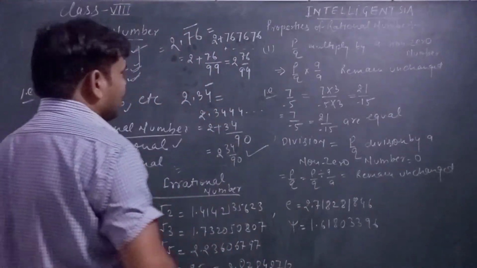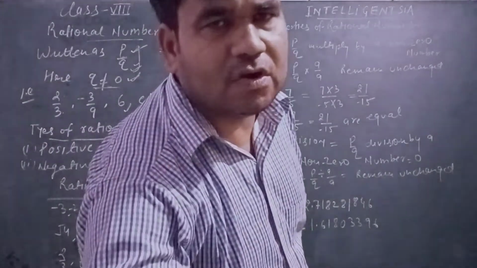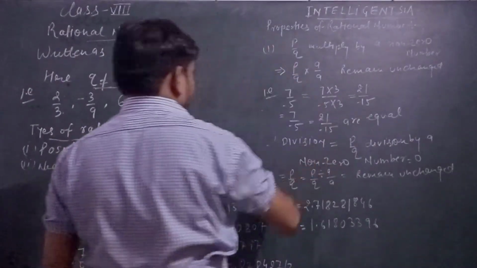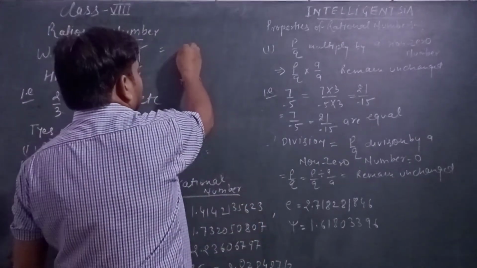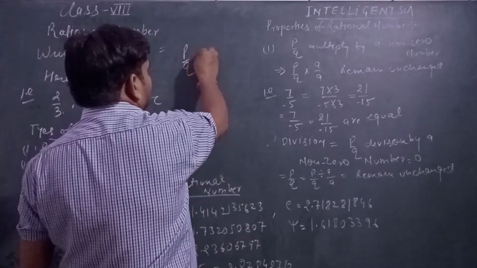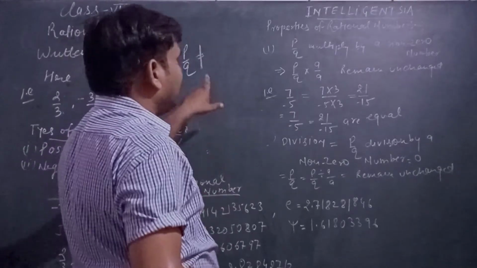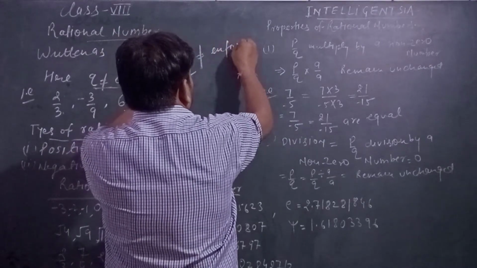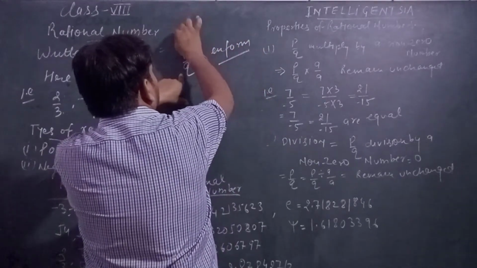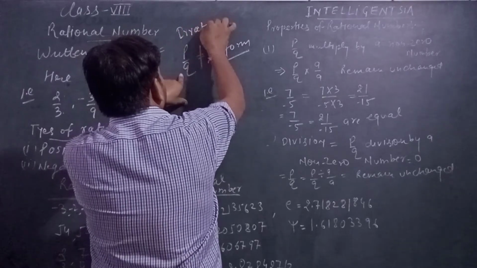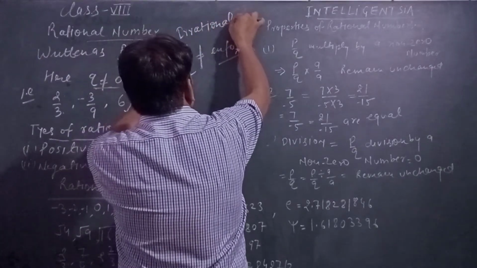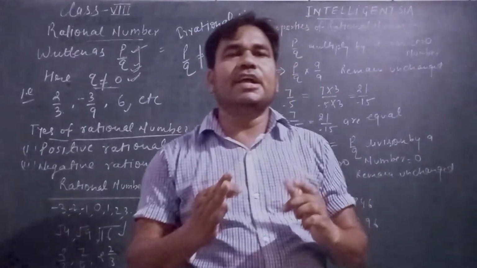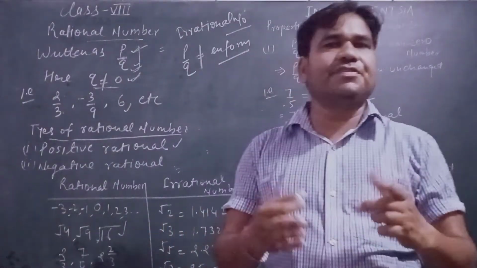Just like you see, it is not in the form of P over Q. So that is called an irrational number. The number which is not written in a fractional form, that is called an irrational number, students.